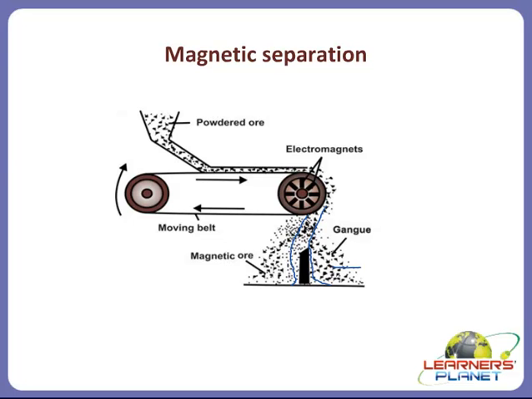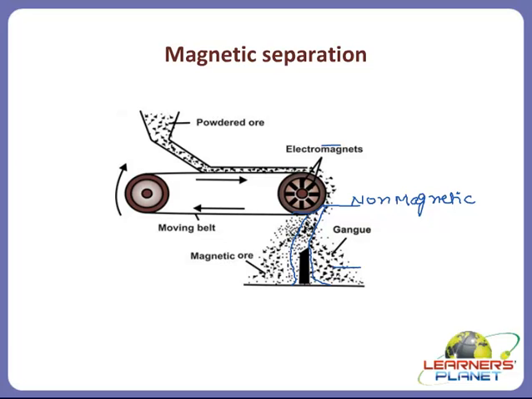They'll fall from here only because they are non-magnetic, whereas the one which is magnetic will move till here and then be dropped. So by this process, we will get two separate heaps, one of the gangue particles and the other the magnetic ore. So this was your magnetic separation.